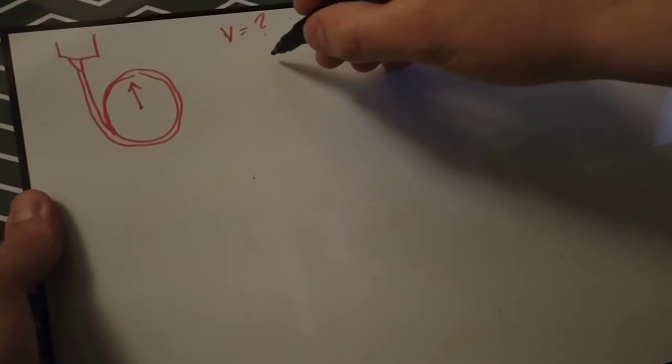If we have our work and energy balance, we are going to have T1 plus U as it goes from 1 to 2 equals T2.